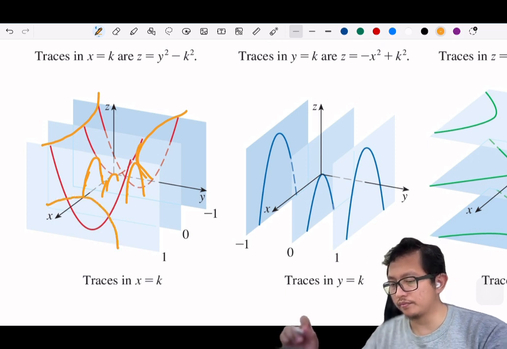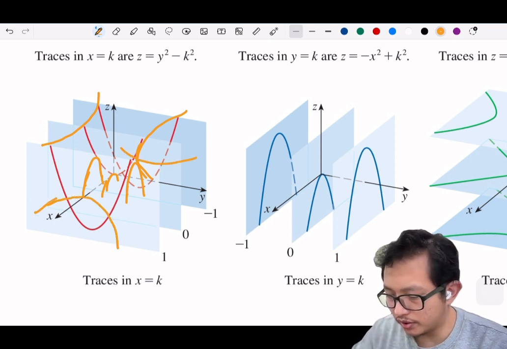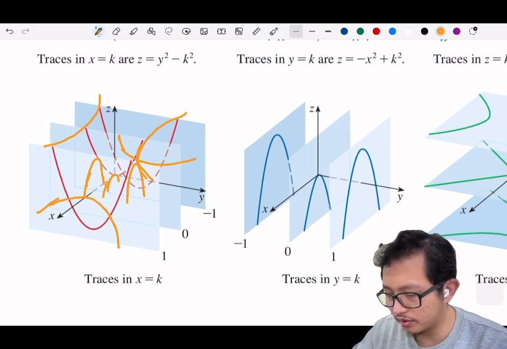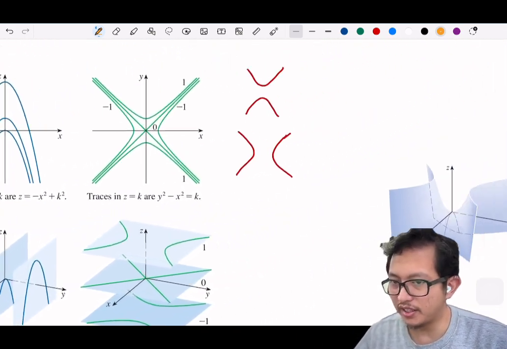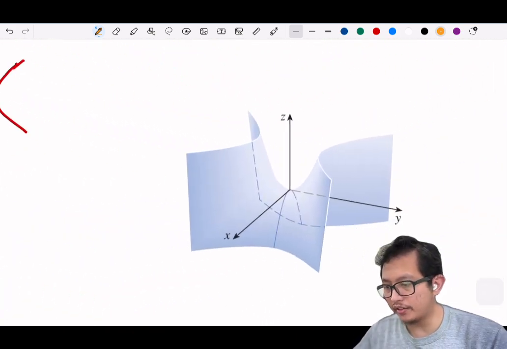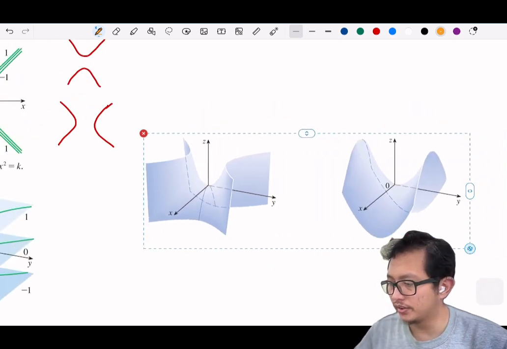Let's say we have that. And in between this, we could have another hyperbola here. So maybe it's too messy, but I hope you could get the idea.